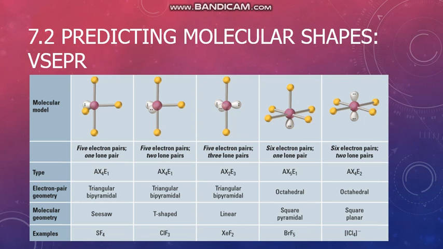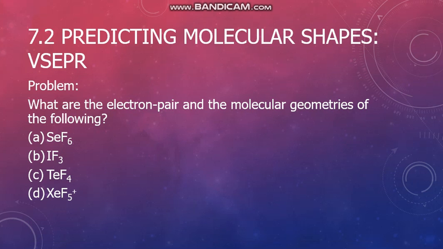Okay. Let's have a problem. What are the electron pair and molecular geometries of the following? Again, you need to draw the Lewis structures first and then determine the bonding pairs and the lone pairs around the central atom before you can predict the electron pair and the molecular geometries of these molecules.